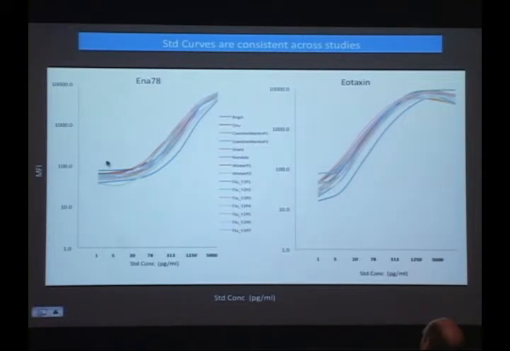So that's a good indication, because when you want to compare across projects, if the standard curves vary a lot, then that could be a problem, right? Then we also looked at the cytokine concentrations.